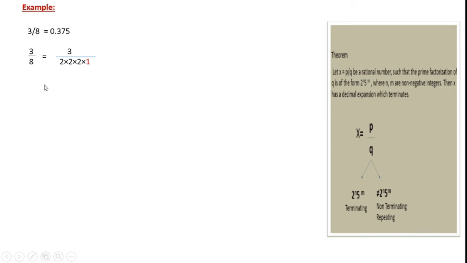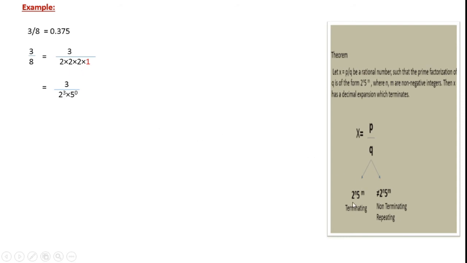So 3 by 8 is of the form p by q, and the denominator 8 has prime factorization 2 to the power 3.